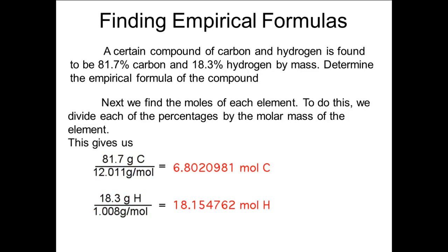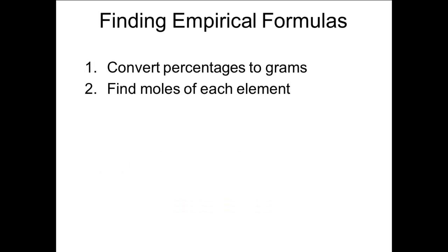This gives us 6.8020981 moles of carbon and 18.154762 moles of hydrogen. So back to our list. The second thing we do is find the moles of each element.